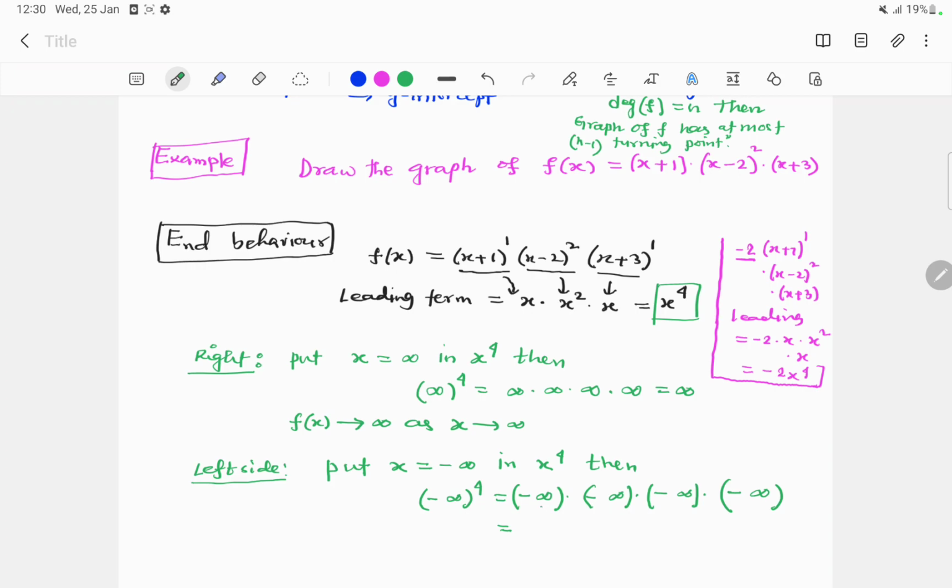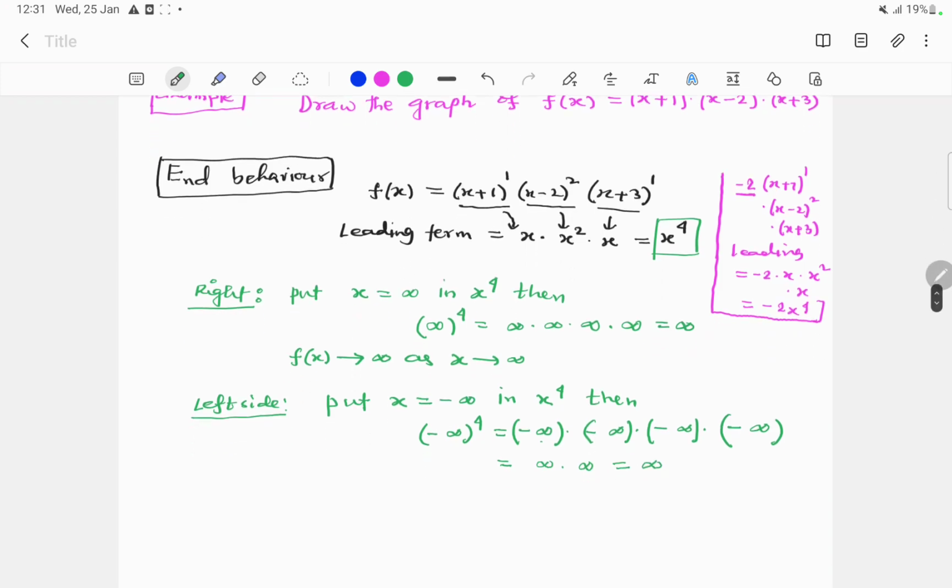Negative infinity times negative infinity is infinity. It's the same thing we did for numbers: the product of two negative numbers gives a positive number. Here the product of two negative quantities gives a huge positive quantity, which is nothing but infinity. So we get that the function goes to infinity as x goes to minus infinity.